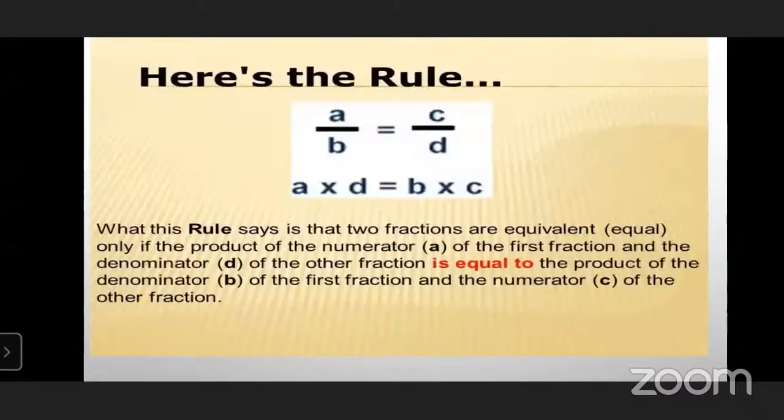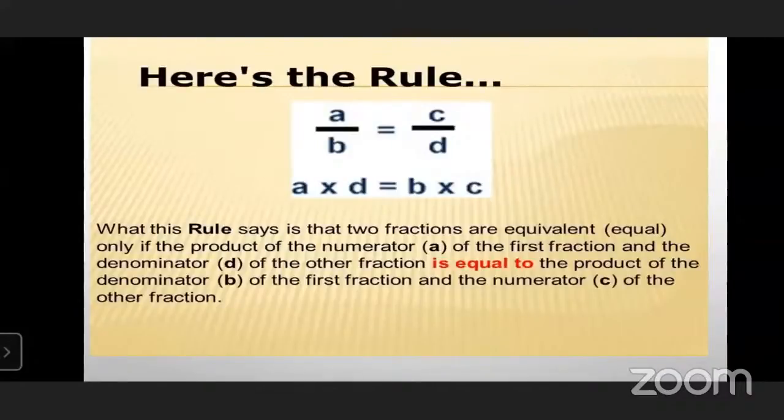Now here is another rule, that is cross multiplication. If we want to check whether fractions are equivalent or not equivalent, just do the cross checking. See here, multiply the numerator of the first fraction by the denominator of the second fraction.